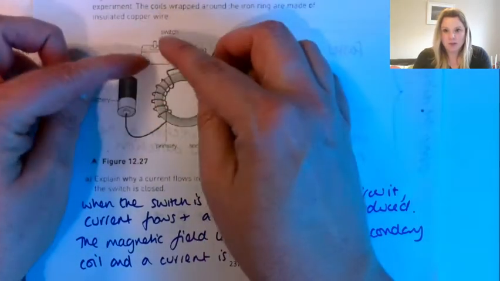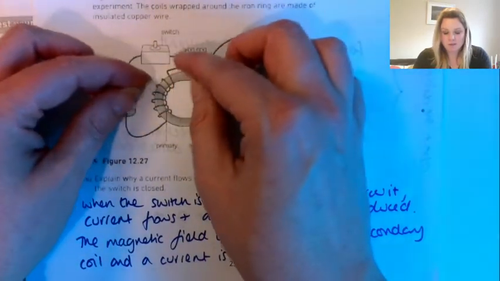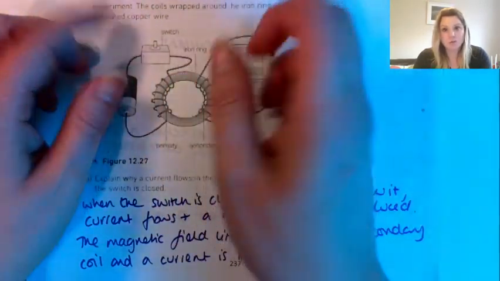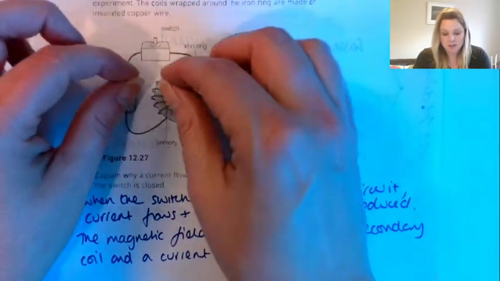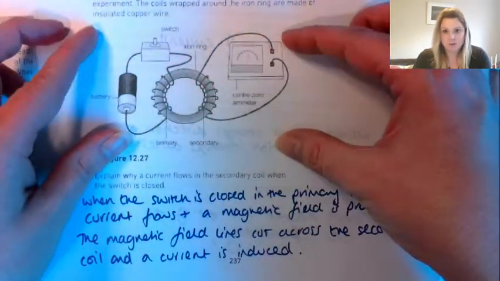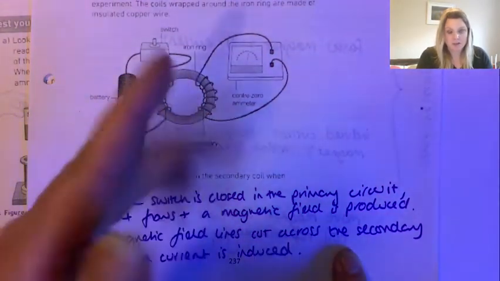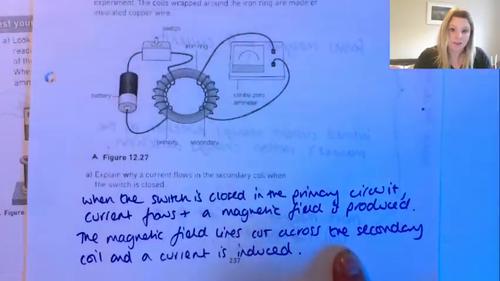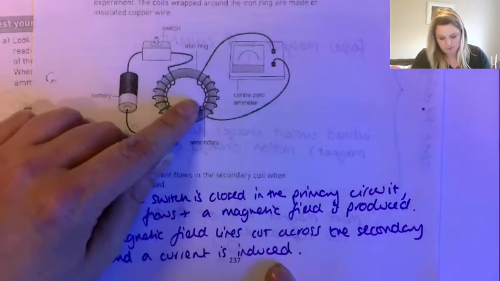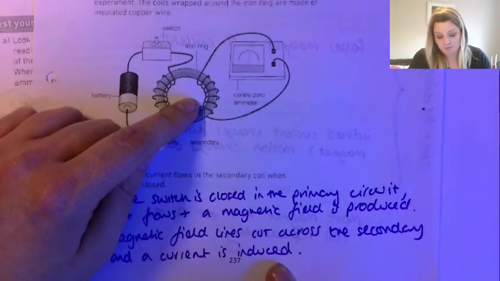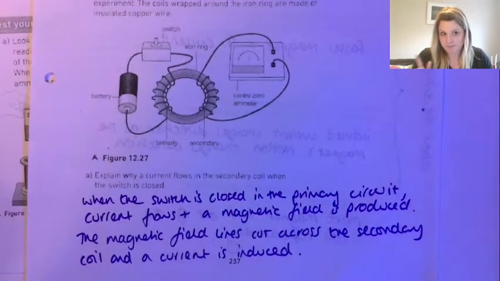The current goes from 0 to a set value, and the magnetic field grows out from there. The magnetic field lines cut across the secondary coil, growing out this way, and a current is induced in the secondary coil.